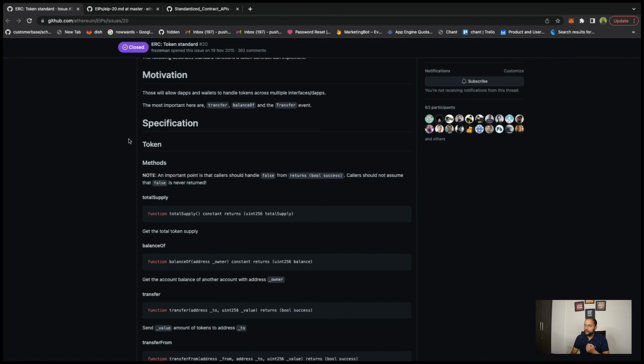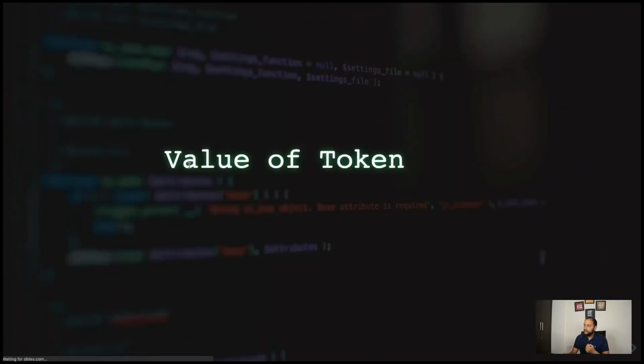There's one more thing that I want to discuss, which is the value of a token. So how is the value of a token decided? Now, the value of a token is essentially driven by the importance that the token has within its ecosystem, right? Suppose we go ahead and create our own token, but if it does not have usability and the community has not accepted it, it would largely remain worthless, right?